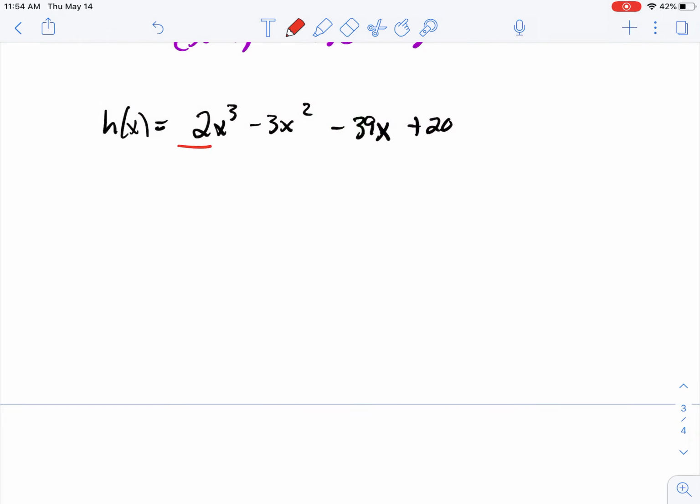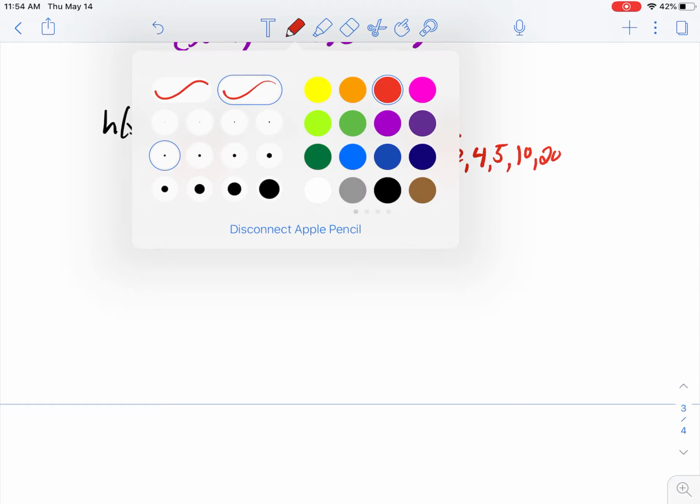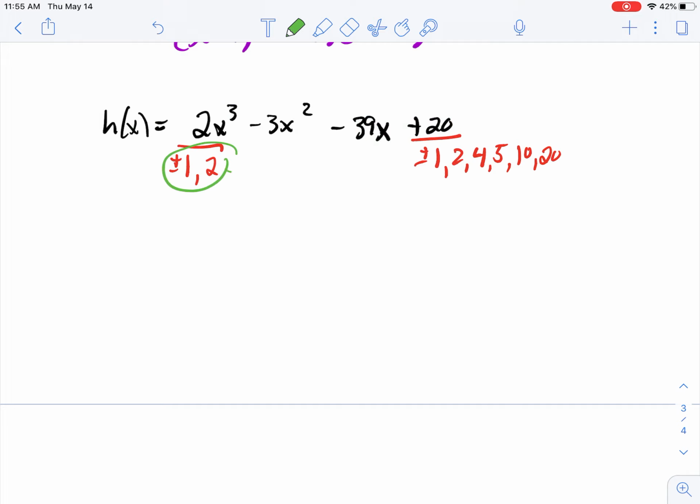All right. So factors here would be plus or minus 1 and 2. For 20, plus or minus 1 will go in 20, 2, 4 will, 5 will, 10 will, and 20.